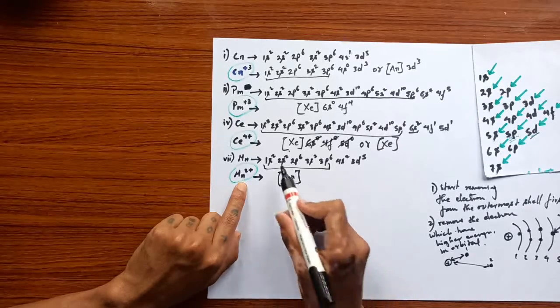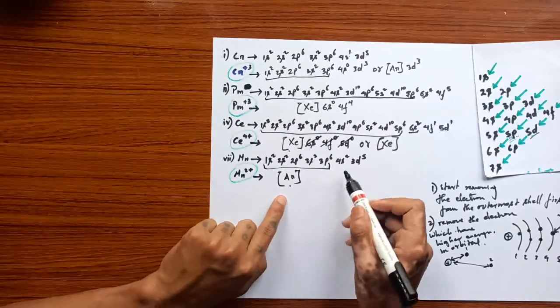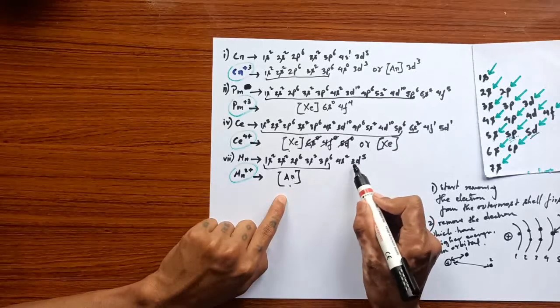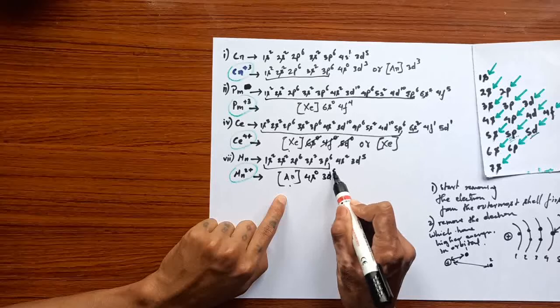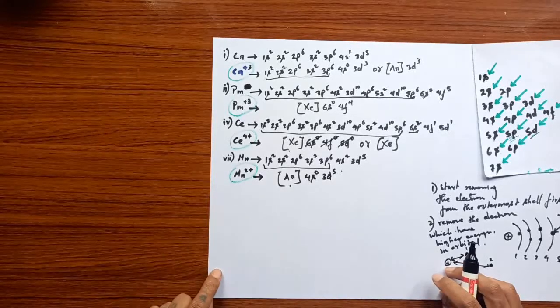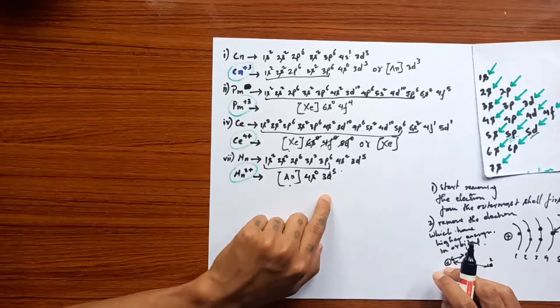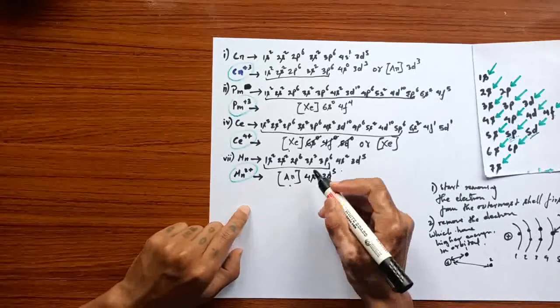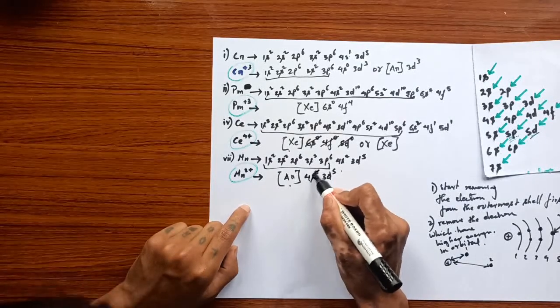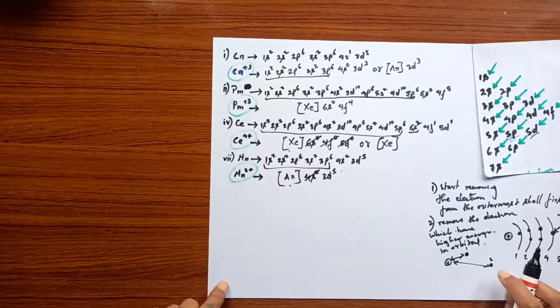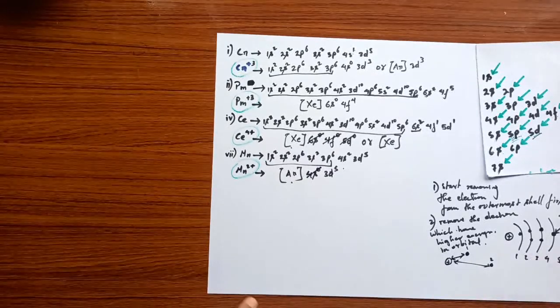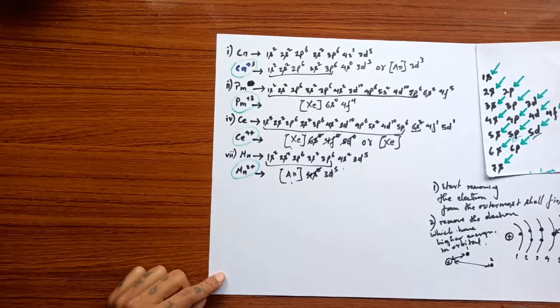We're just going to shorten it because it's up to 18 in atomic number. Alright, so that will be the electronic configuration. Also note that you don't have to put the 4s0, so it will become argon and 3d5. Alright, so try doing along the other ions and see if you can do it.